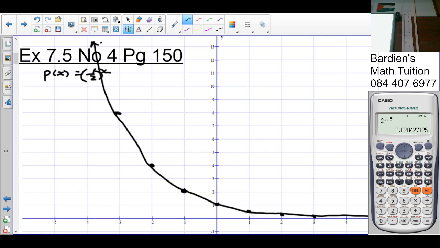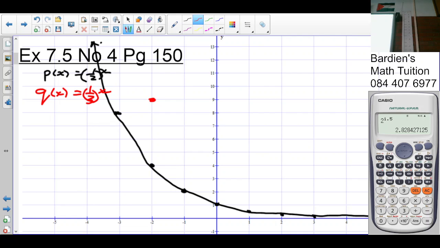Then Q of x was a third to the x. So you put minus 3, it's 27. Minus 2, 9.